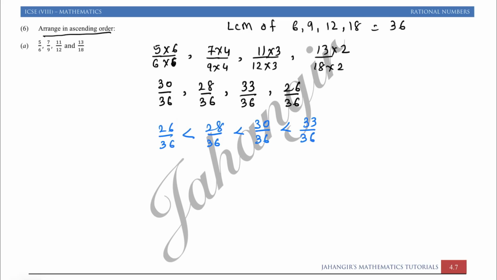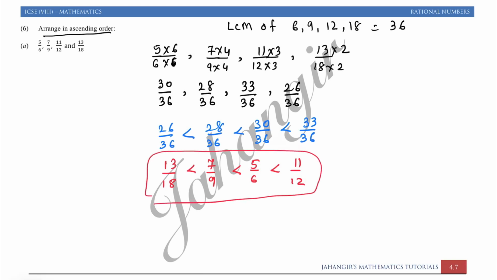Now, putting it back into the original simplest form, 26 by 36 is 13 by 18, 28 by 36 is 7 by 9, 30 by 36 is 5 by 6, and 11 by 12. You have to write it in this pattern. It's compulsory. You have to show this less than sign, otherwise you may lose your marks. Okay, don't write commas in between.